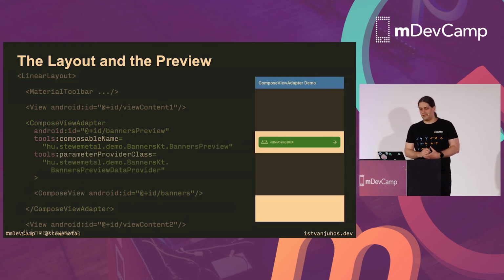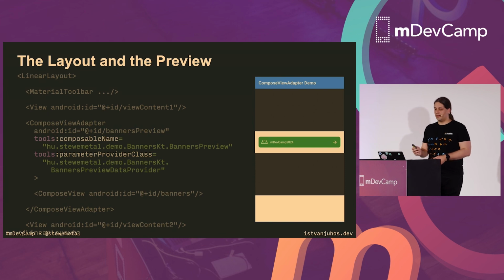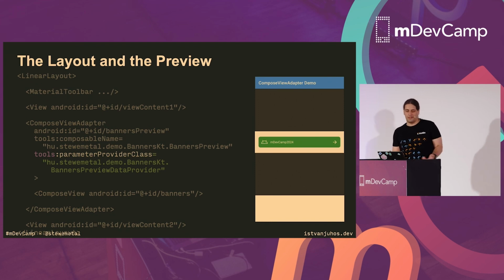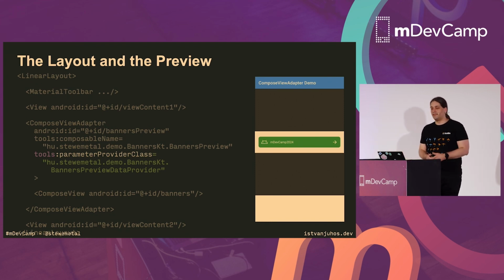Okay, let's tweak things a bit more. Now let's set the banners preview for the compose view adapter. And let's examine the other attributes that we can use. There is this parameterProviderClass attribute, where we can, again, add the fully qualified name of a preview parameter provider class implementation.